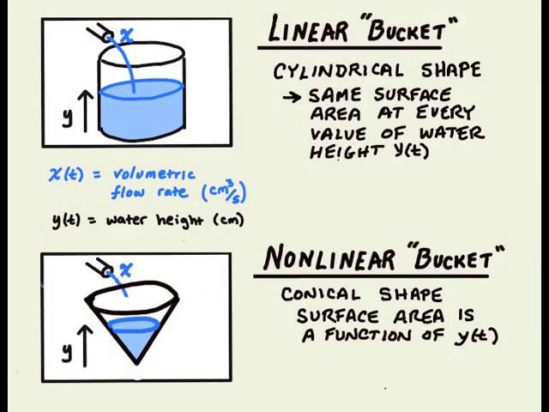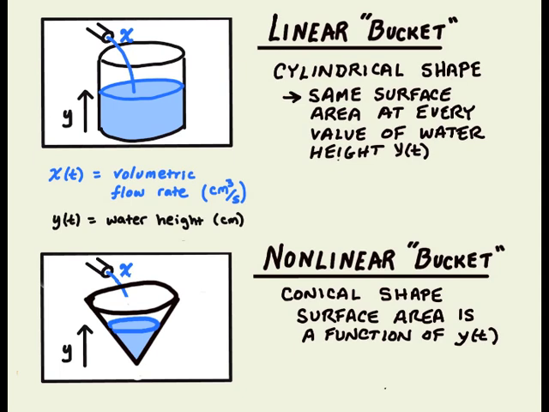There's one more thing that I'd like to point out before we move on to other examples, and that is here we're working with the linear bucket system. There is such a thing as a nonlinear bucket system. We'll study that in another lecture, but for right now let's discuss the difference between the linear and nonlinear bucket systems. The key aspect to this problem, the linear system, is that the shape of the bucket is cylindrical.